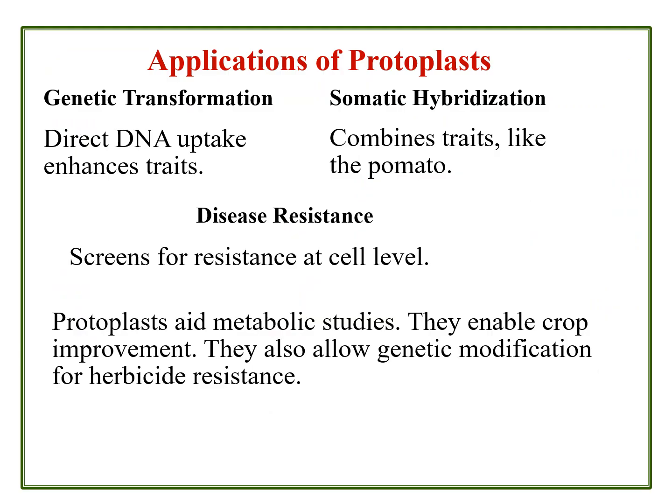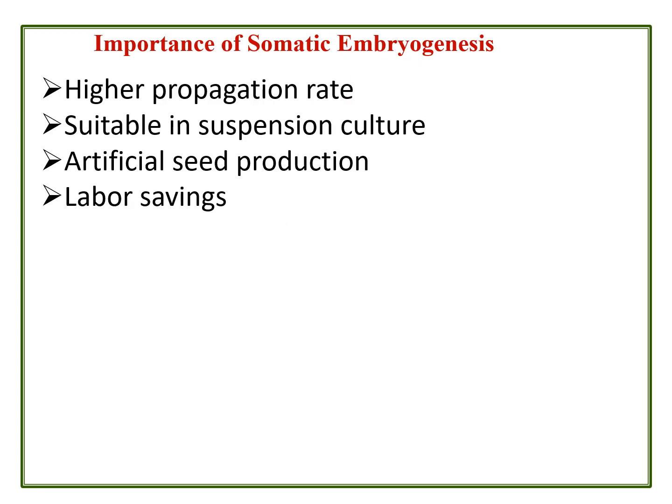So these are the applications, as we already discussed in the previous chapter. Naked DNA can be taken up by the protoplast, which is a more important and significant aspect of the protoplast. Somatic hybrids can be produced that combine traits, like the pomato. Diseases can be screened very easily through protoplast culture, and a variety of metabolic studies are possible.